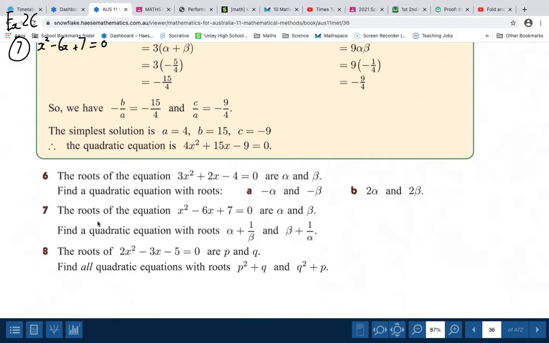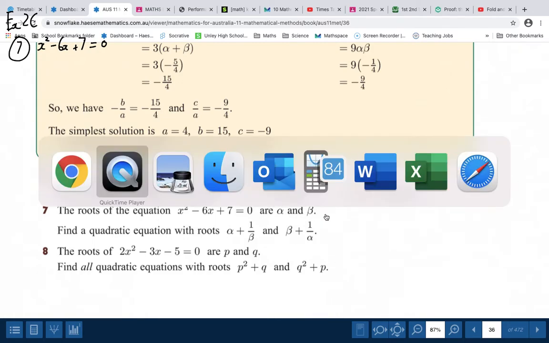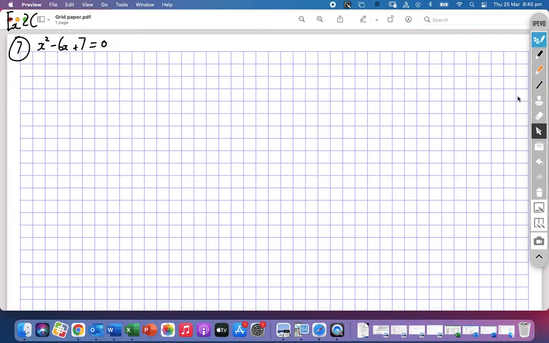All right. It says the roots of equation x squared minus 6x plus 7 equals 0 are alpha and beta. So let's write that down. Using our product and sum, we can see that our sum of alpha plus beta is minus b on a, and that equals minus 6 on a, which is 1, so it's 6.